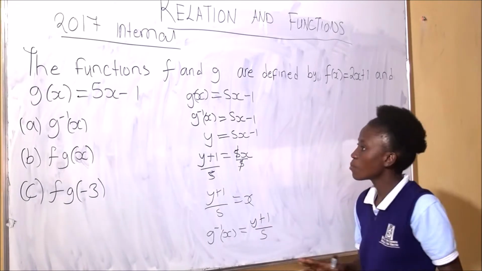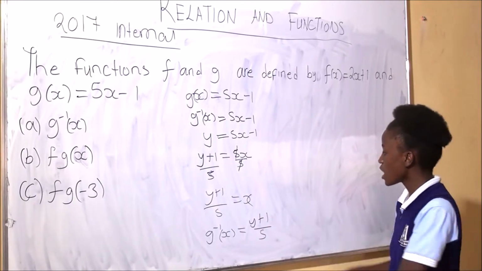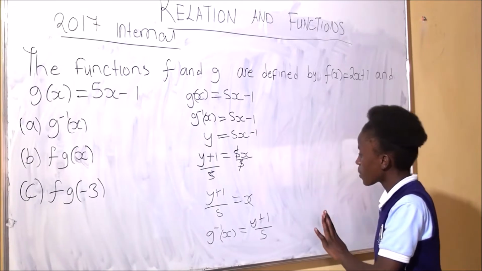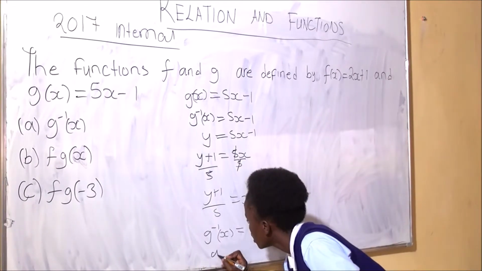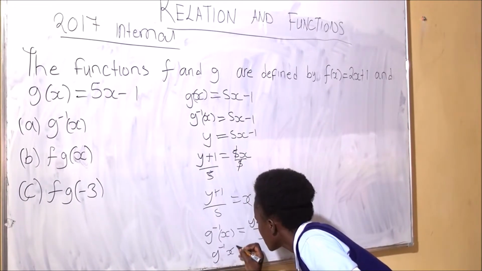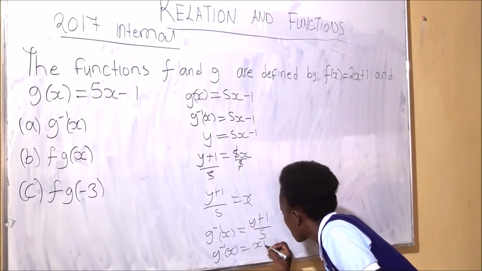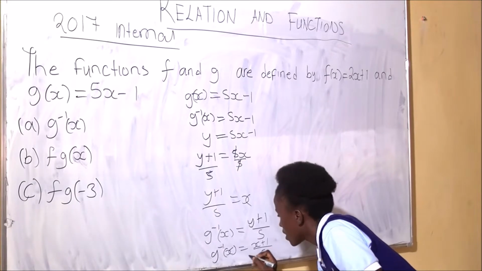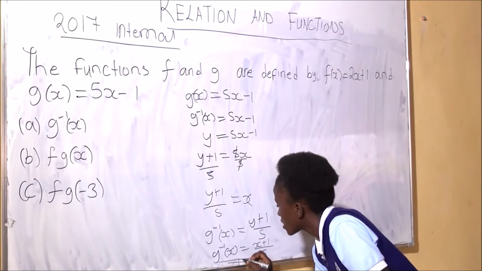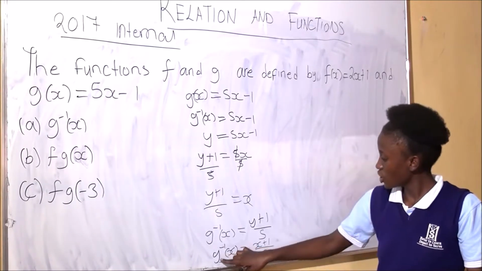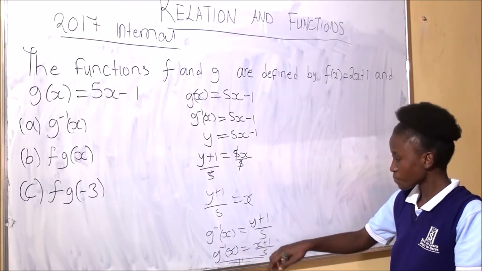This y has to be removed. Where there is y, we bring back x. So g inverse of x is equal to x plus 1 over 5. This is our final answer. We found our g inverse of x.